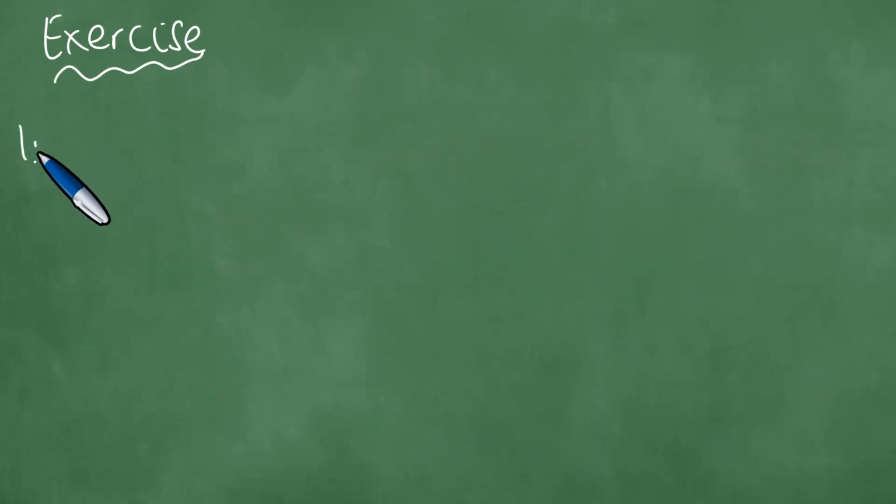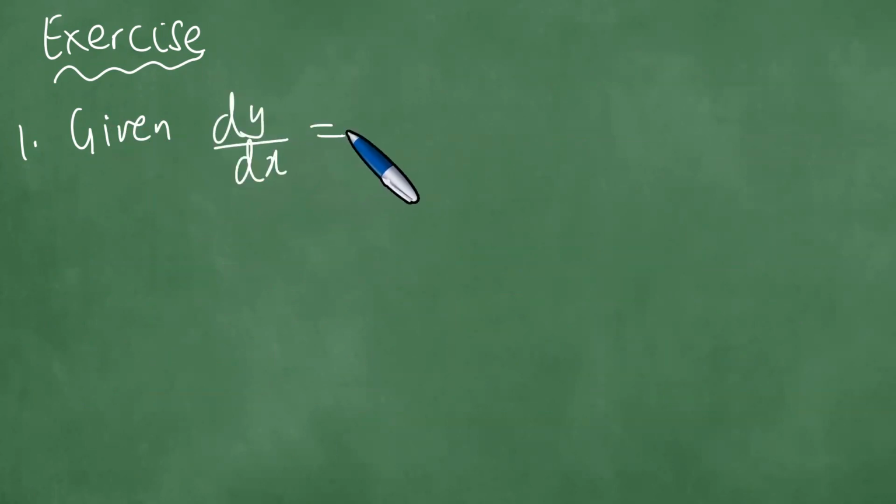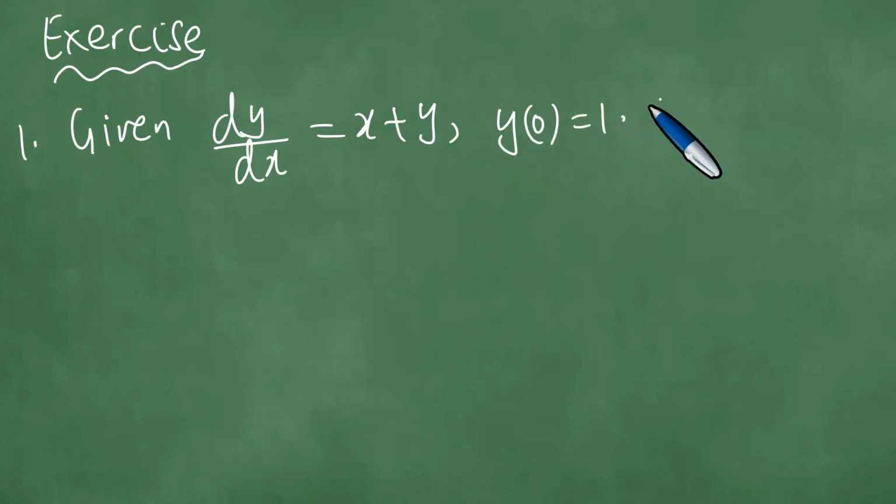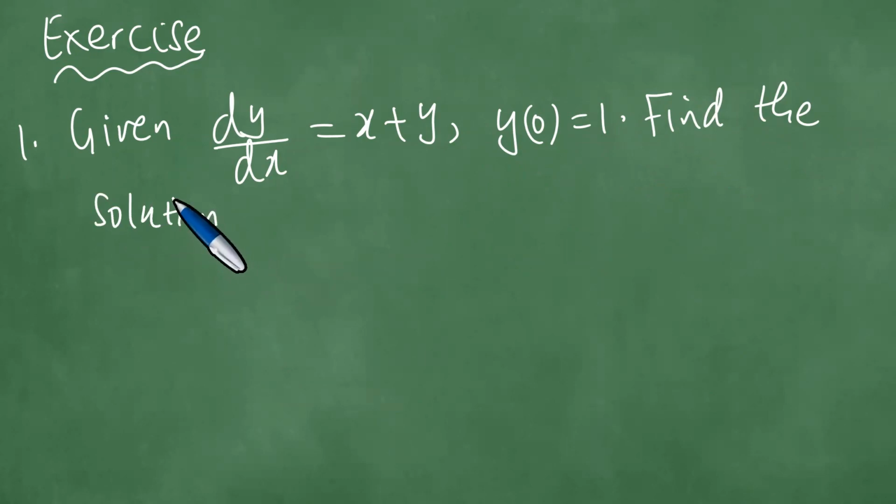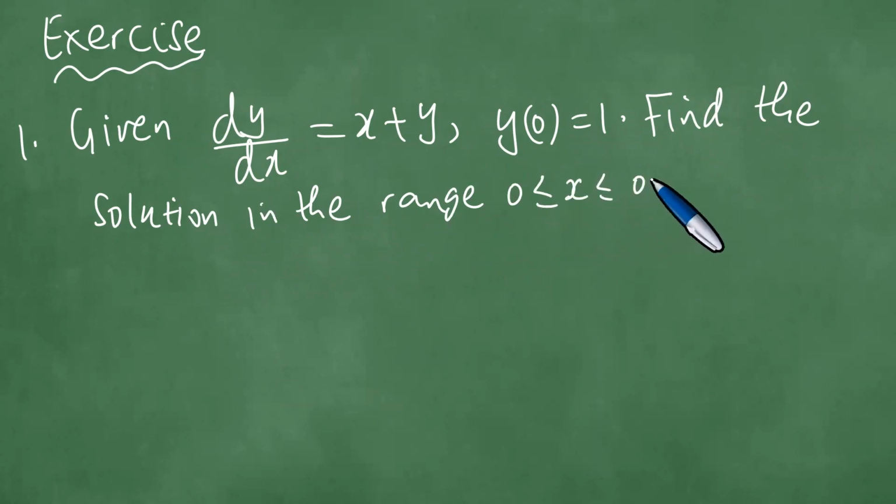Here are the exercises. Number 1 says: given dy/dx equals x plus y, find the solution in the range x from 0 to 0.1 in steps of 0.05.